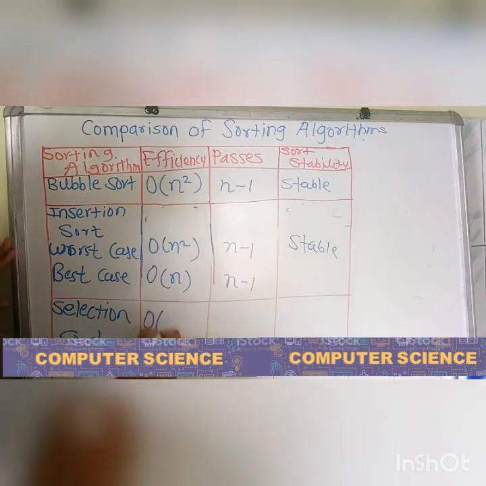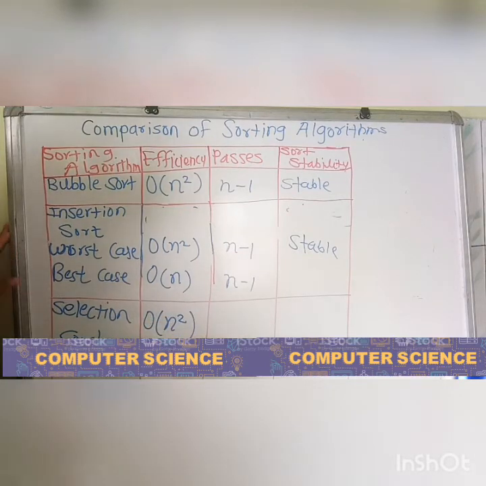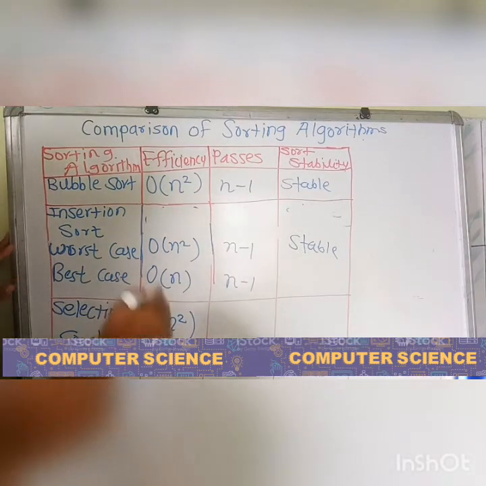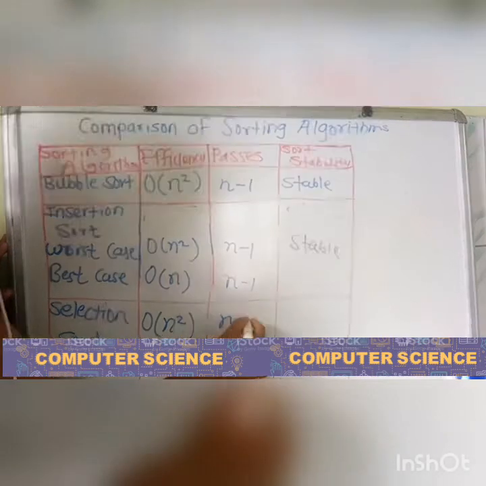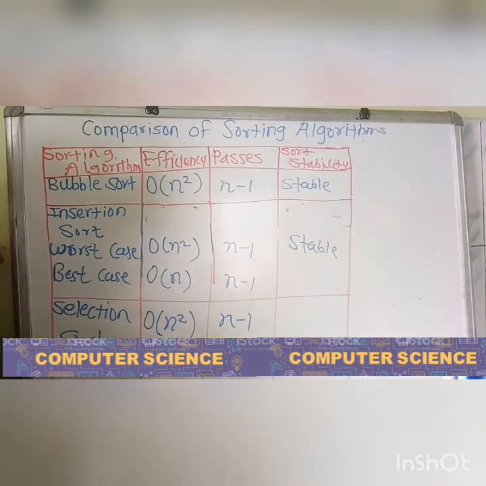It also requires big O of n square time complexity, and it is also requiring n minus 1 comparisons, so it will require n minus 1 passes.